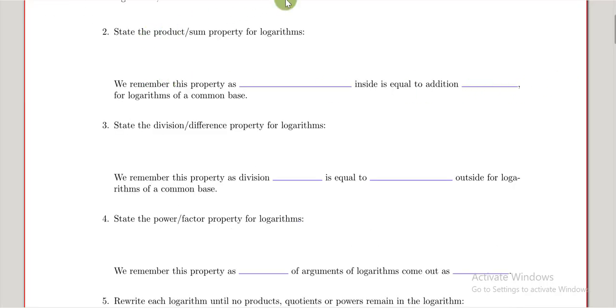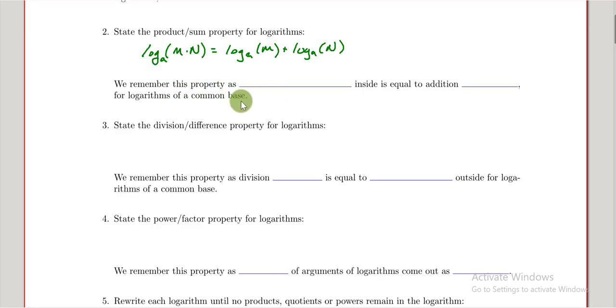So let's go ahead and state the product sum properties for logarithms. If we were to take the log of m times n, this is equal to the log base a of m plus the log base a of n.